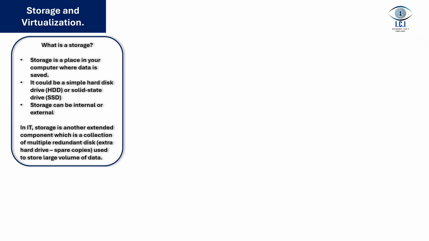standalone topic. So in IT, storage is another extended component, which is a collection of multiple redundant disks. When you hear redundancy in cybersecurity or in IT, it means an extra copy of a particular system, or a spare copy.